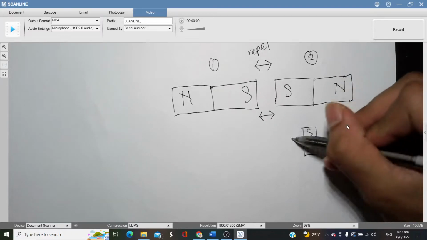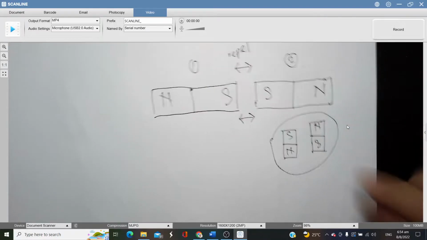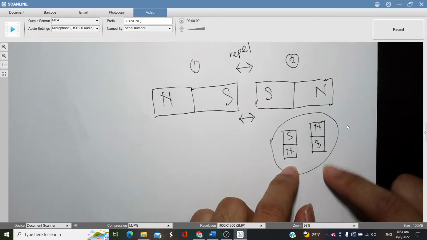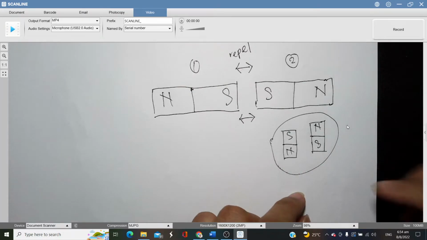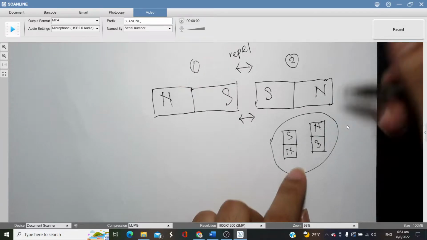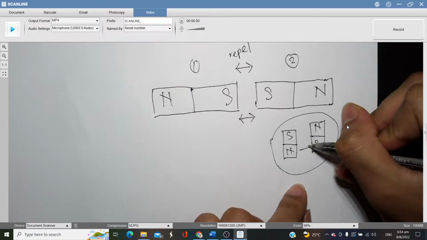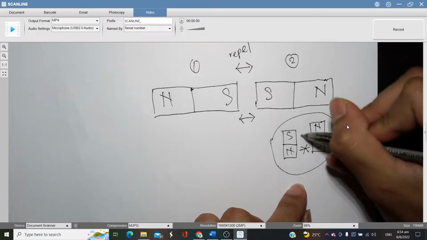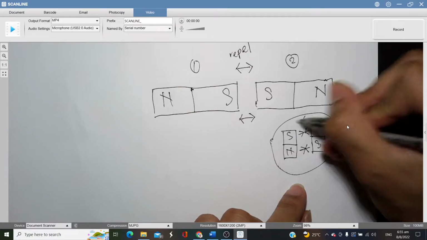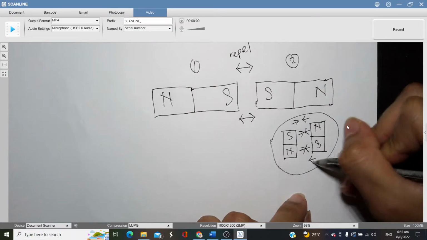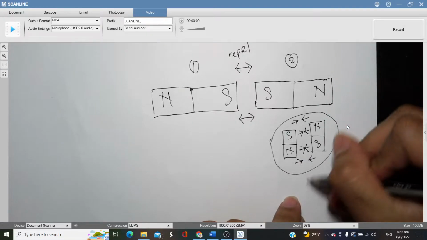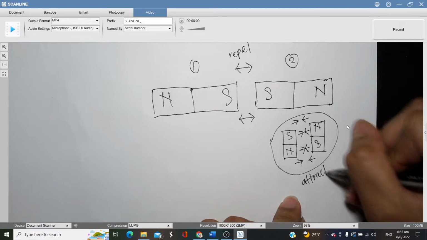We have two magnets here. If I leave it like this, this one is south and north, and with the arrow like this, they will be attracted.